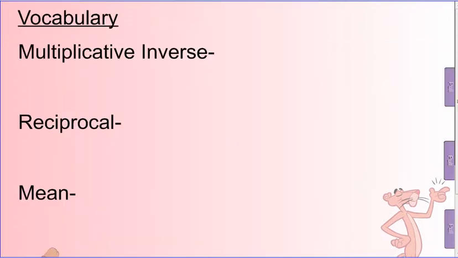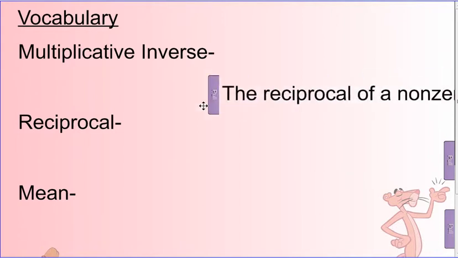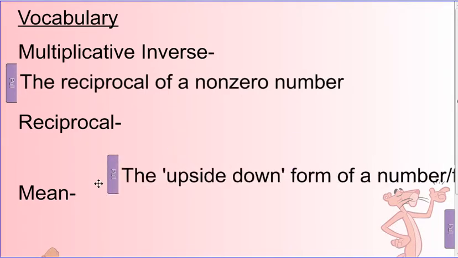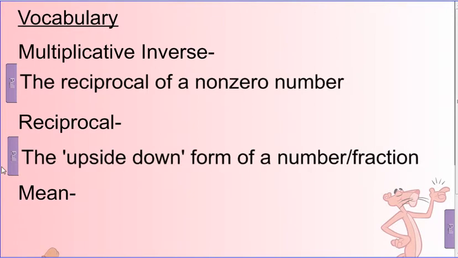Okay, so we have a couple of little vocab words here. Actually, all of them are pretty much old words, words you should know. The multiplicative inverse is the reciprocal of a non-zero number. And you go, okay, what the heck is a reciprocal? A reciprocal is the upside down form of a number.